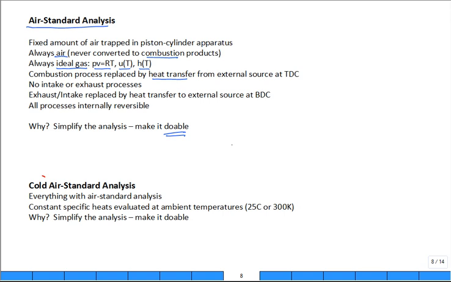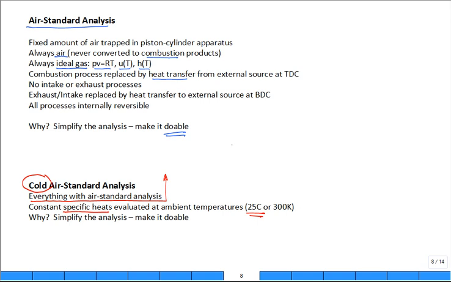We want to do a cold air standard analysis. Everything that was stated above applies, because it's an air standard analysis. But in addition, cold means we're going to assume constant specific heats, evaluated at atmospheric temperature, 25 C, 300 K, somewhere around there. Why do we make that cold air analysis?